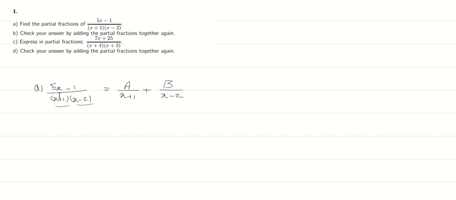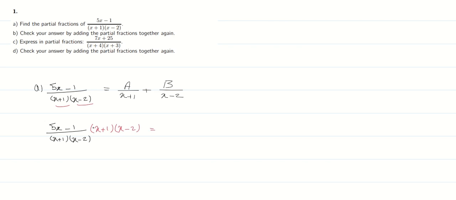So we're just going to rewrite the equation in here, and multiply each of the expressions by the common denominator. On the left-hand side, we had 5x minus 1 over x plus 1 times x minus 2, and we're going to multiply it by x plus 1 times x minus 2.